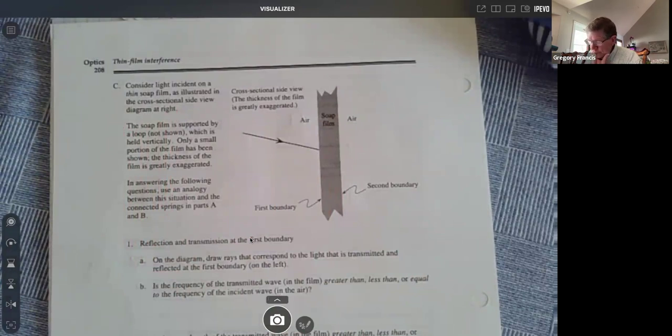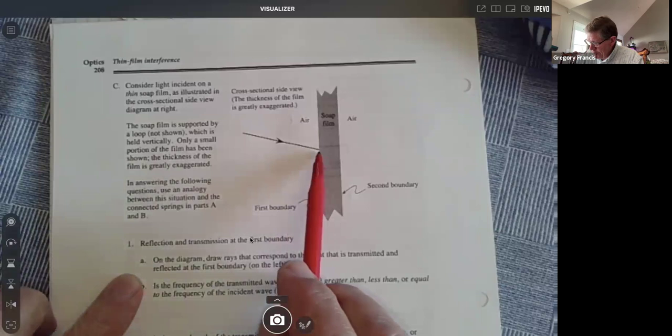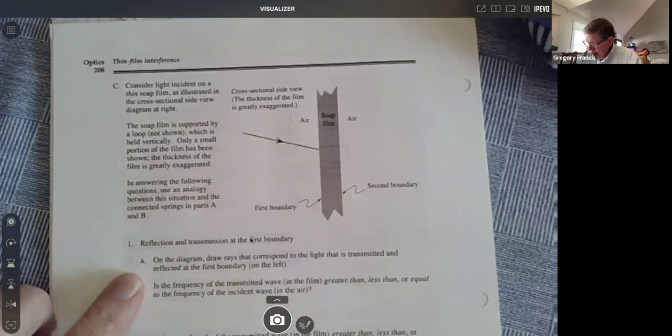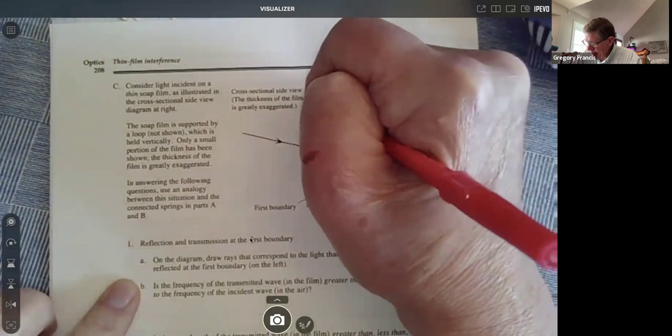Only a small portion of the film has been shown, and the thickness of the film is greatly exaggerated. In answering the following questions, use an analogy between this situation and the connected springs in part A and part B. So let's look at the first boundary here. In the diagram, draw rays that correspond to the light that is transmitted and reflected at the first boundary here on the left. Okay.